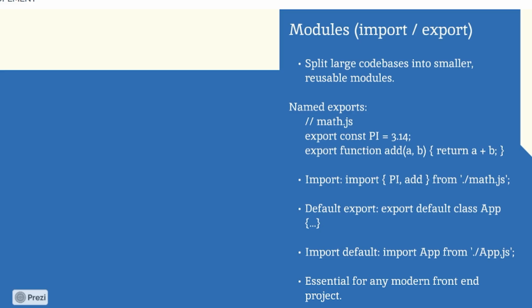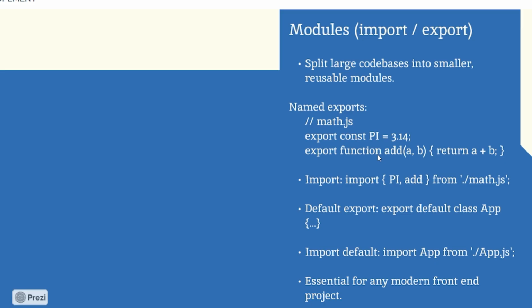Modules, import and export. Modules help us organize code into separate files. This makes projects easier to manage and maintain. Named export: export const pi equal to 3.14. Then export function add(a, b), return a plus b.